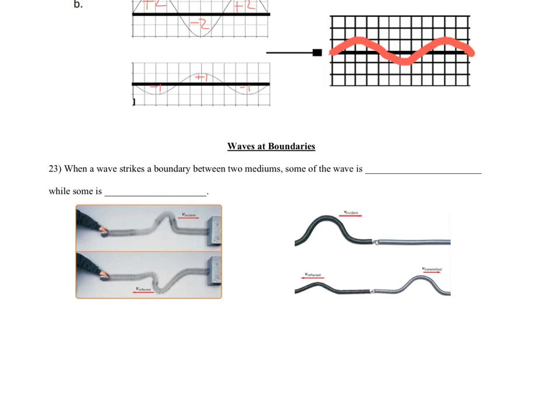All right, this last part, we're going to talk more and more about this, but just understand that when a wave strikes a boundary between two mediums, some of the wave is transmitted and some is reflected. We see some examples there.